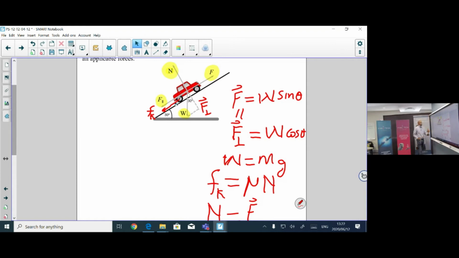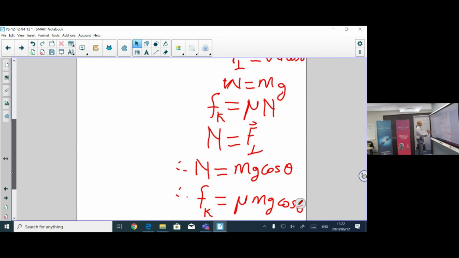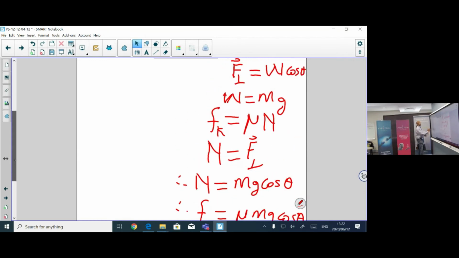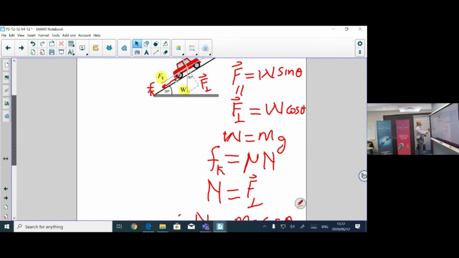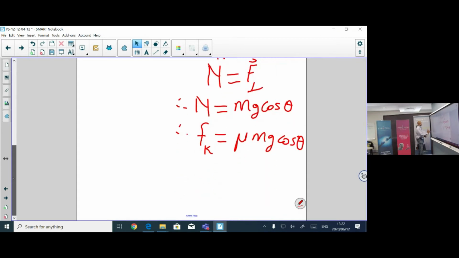Now let us calculate. Let us substitute the values here for F of K before we go to F parallel.